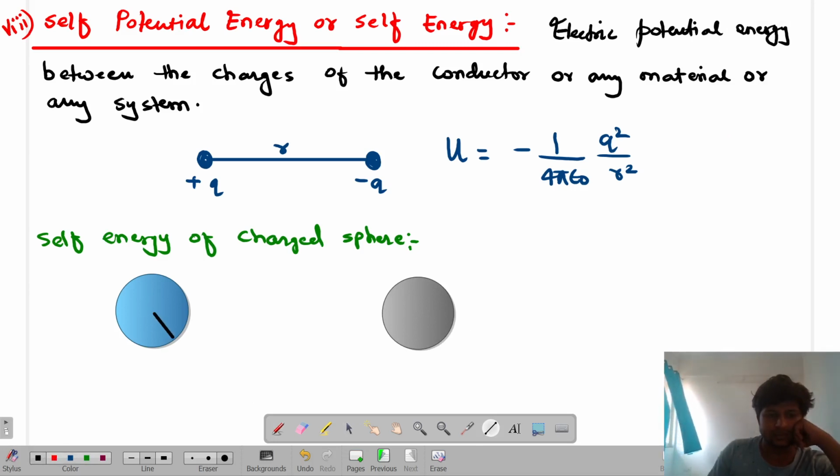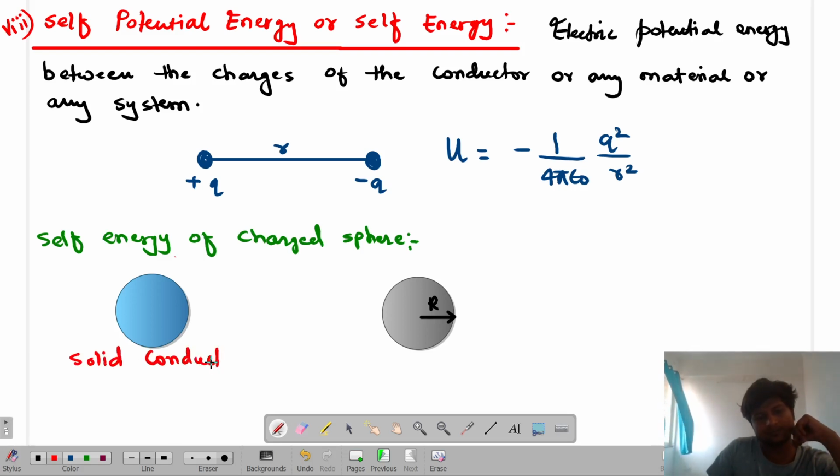Let's suppose the radius is r, and this also has radius r. This is a conducting sphere, solid. तो अच्छे से, this is solid conducting, and this is solid non-conducting.